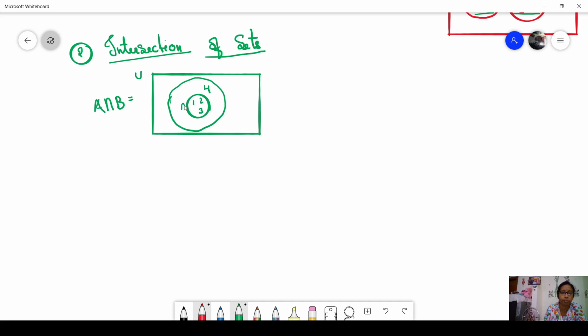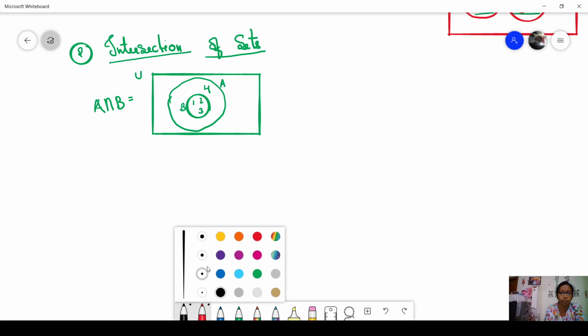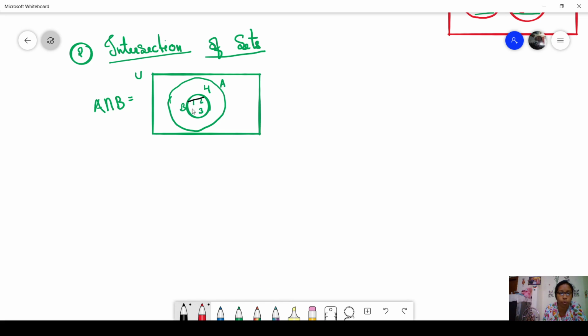So this is B and this is A. When we have to draw the intersection, both which are common, the black color which I am marking is the intersection A intersection B.